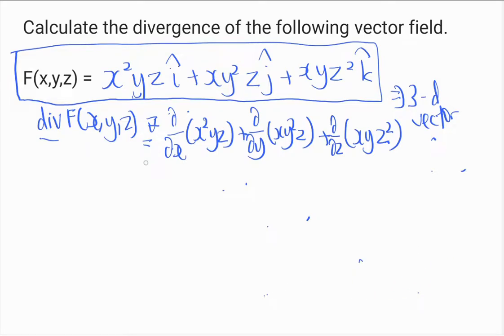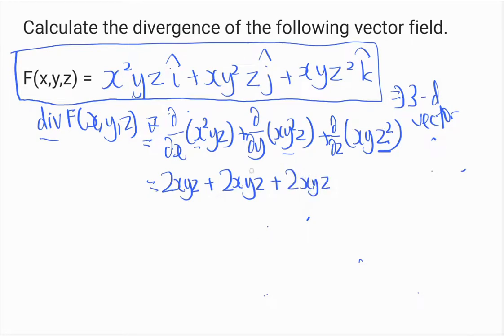Now let's do this. For the first term you get 2x, so it's 2xyz, plus, for the y component it's 2y, so 2xyz, plus, for the z component it's 2z, so 2xyz.